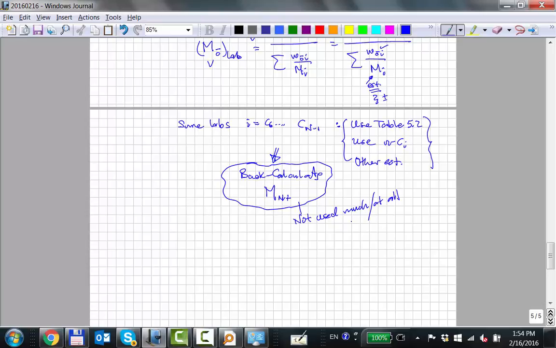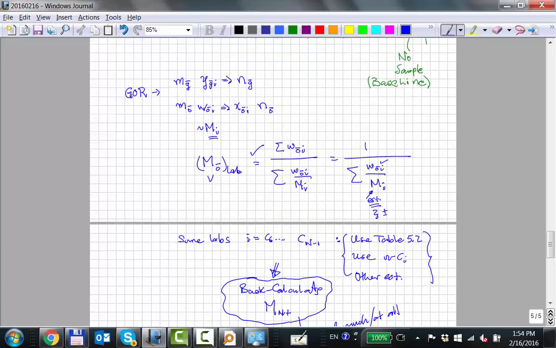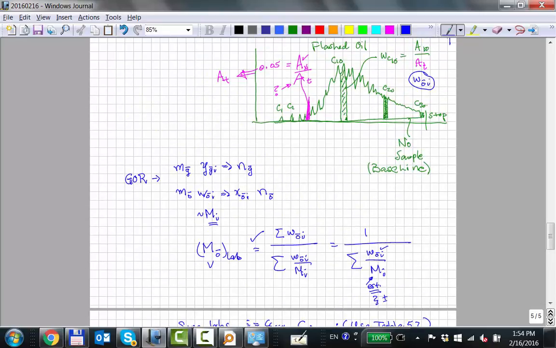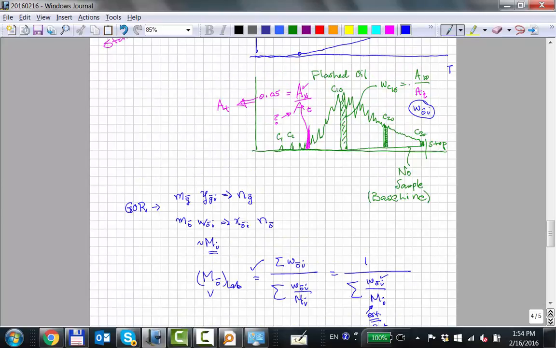The point is that you don't really know all these molecular weights. So the conversion from mass fractions to mole fractions is uncertain because we don't know the molecular weights. The mass amounts of the heaviest, because of this baseline shift thing, are uncertain.